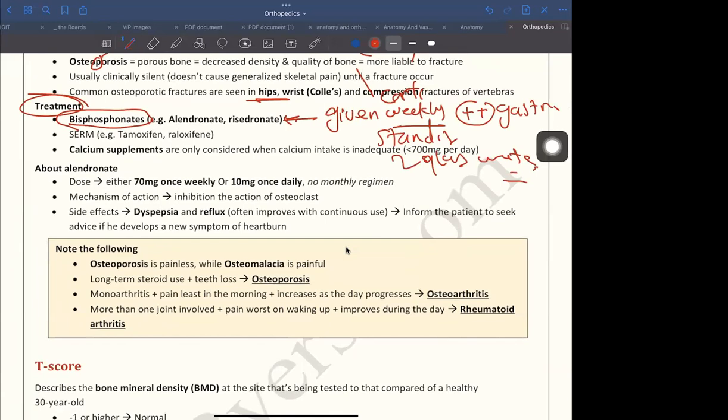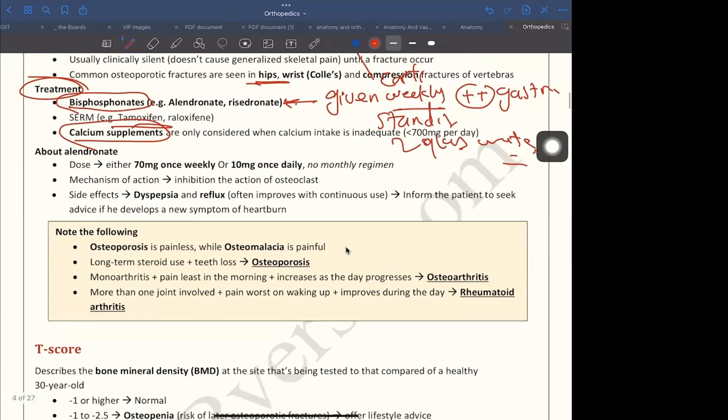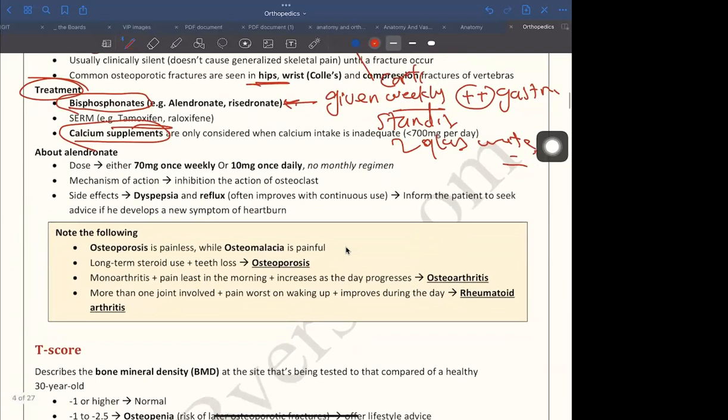You can give females a selective estrogen receptor modulator and some calcium supplement, or vitamin D as well can be given.